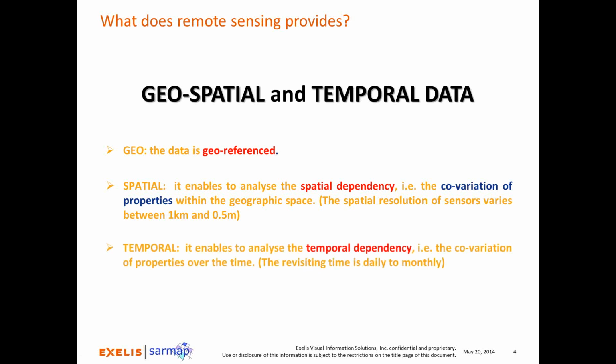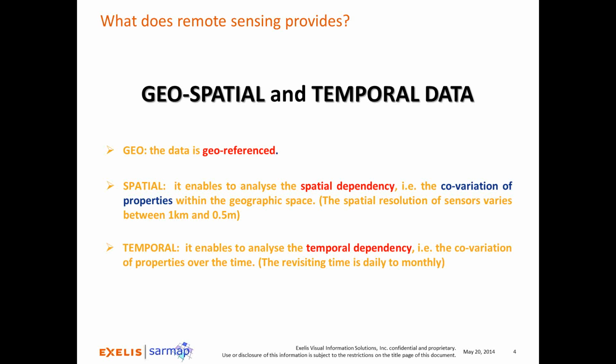Very important is the temporal dimension that our data provide, and in particular it is strengthened by SAR, in the sense that, as we saw at the beginning, being weather independent, we can design our acquisition plan so that we have a full sequence of acquisitions over the full process we are monitoring.